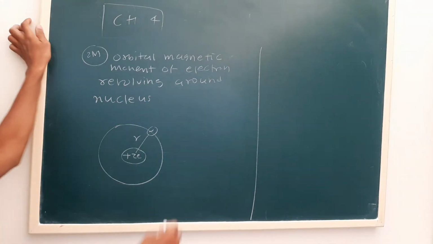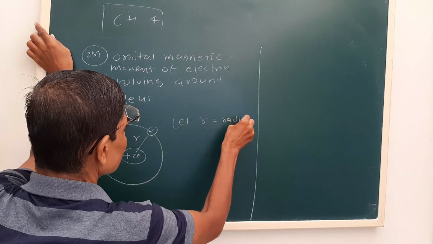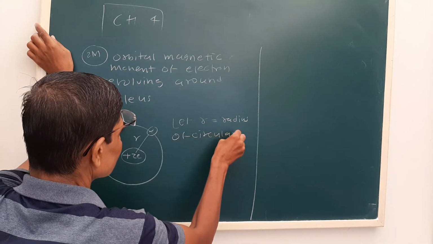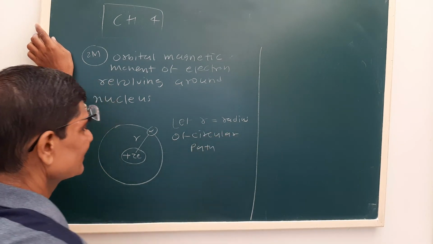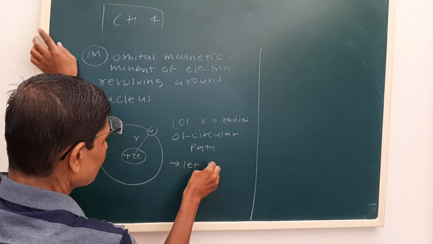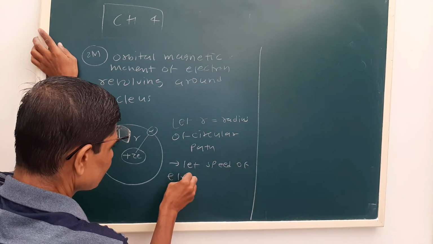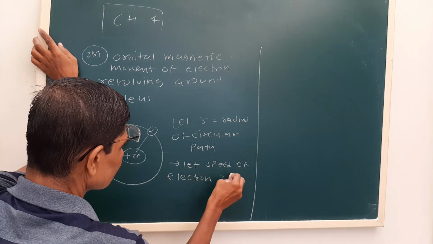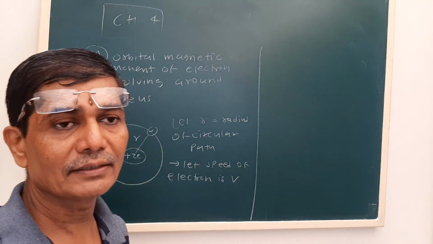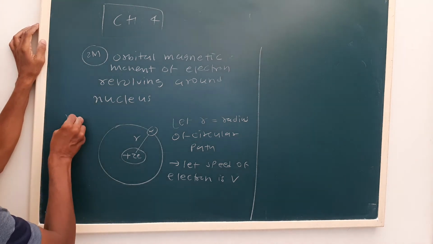Let r be the radius of the circular path, and let the speed of the electron be v.